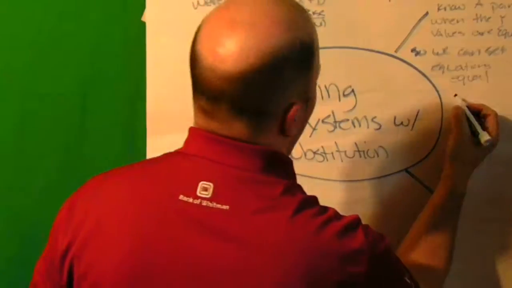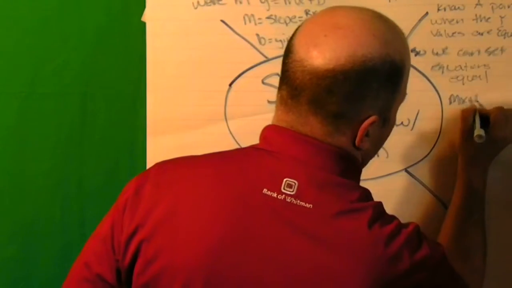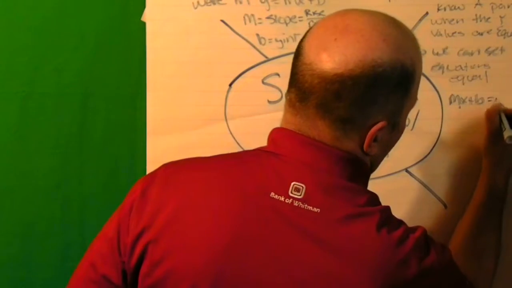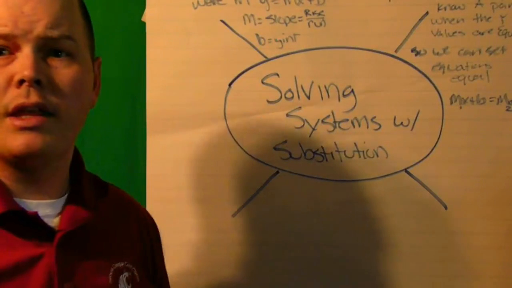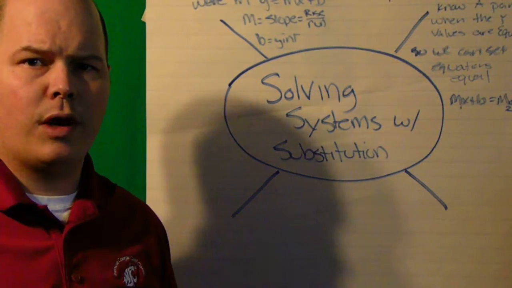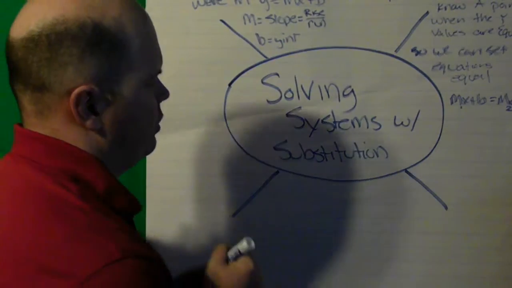So I could go mx plus b of equation 1 and set it equal to mx plus b of equation 2. And then that allows me to solve for x. So that would be, once we identified our solutions, we would go to number 3.